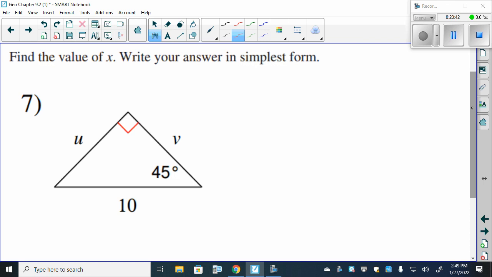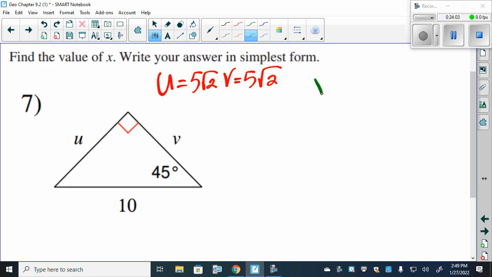So here we want to find the values of u and v. 5 square root of 2 for both, yes. Because how do we get to that?